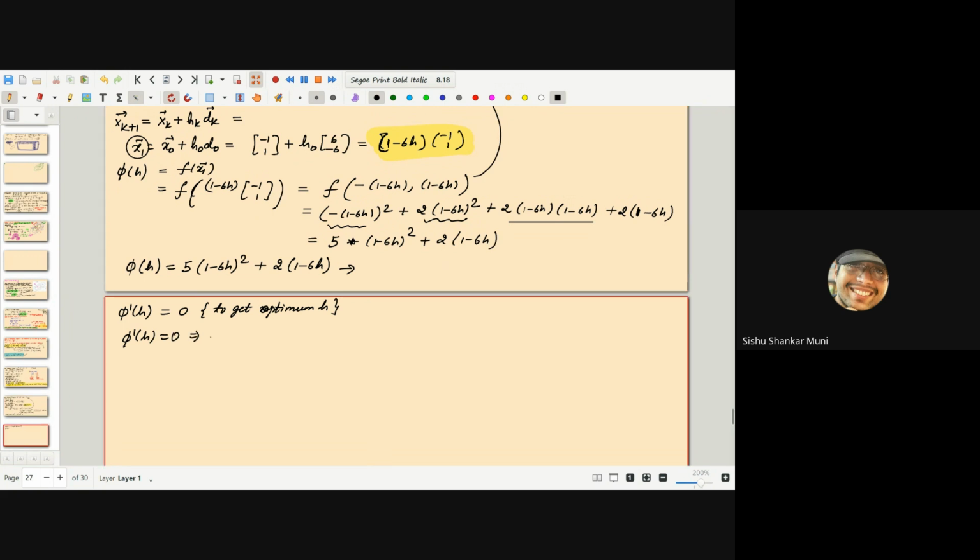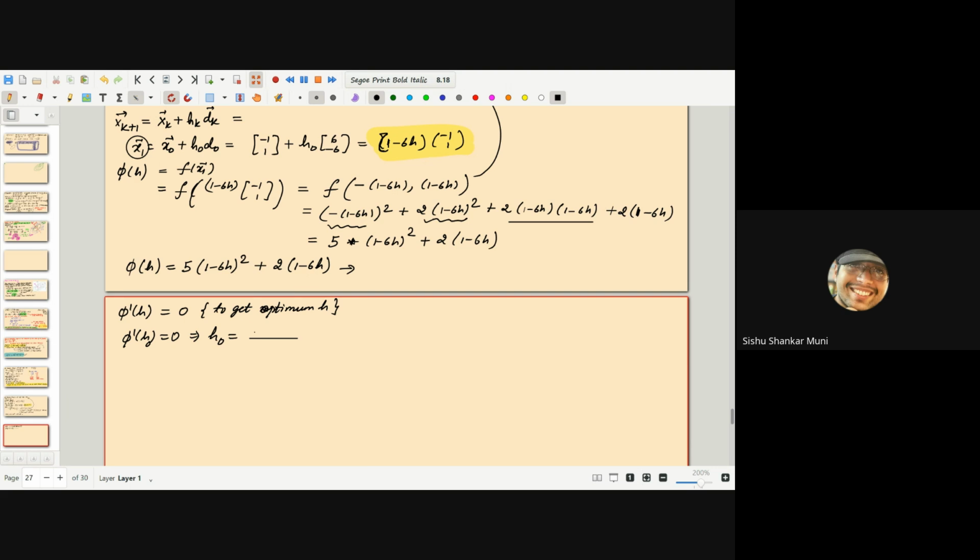Setting it to 0 implies h naught is equal to what? Compute. From that you will get a value of h, and if you take that value of h, it will make phi of h minimum.